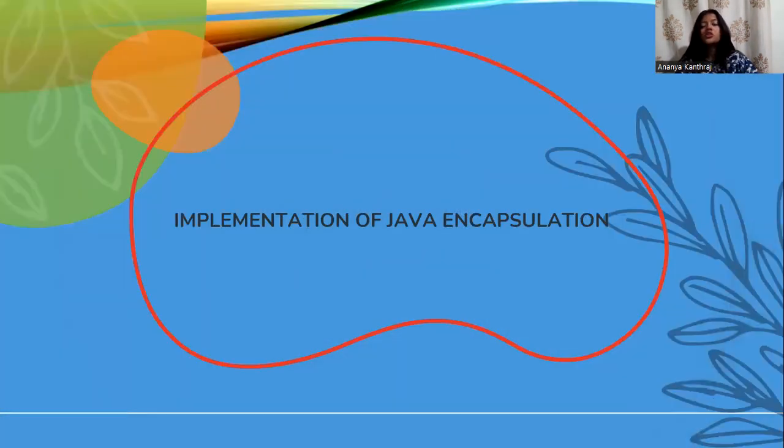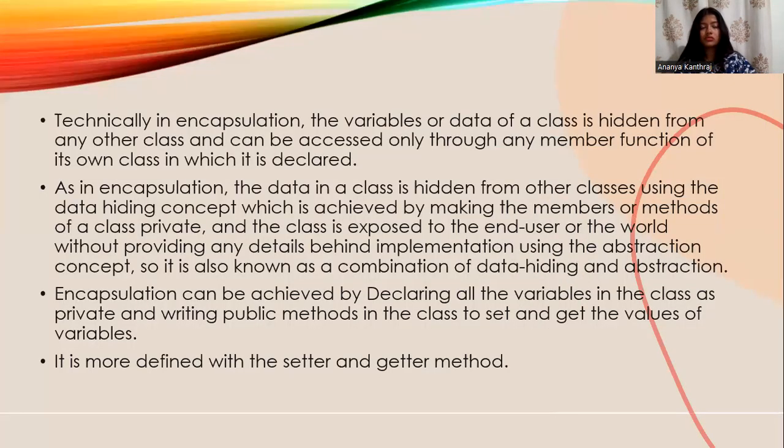So the implementation of Java encapsulation, how does it take place? Let us look into it. Technically in encapsulation, the variables or data of the class are hidden from any other class and can be accessed only through a member function of its own class in which it is declared.